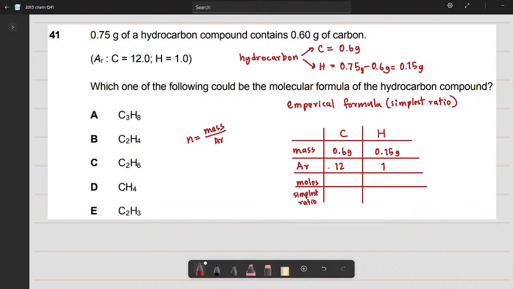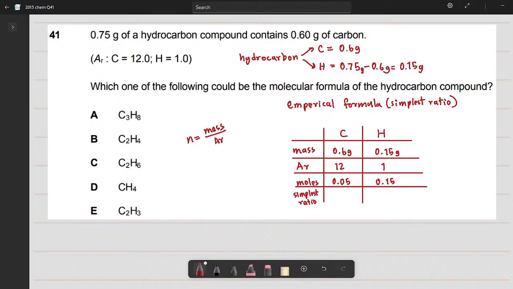So we'll divide 0.6 by 12. So this will give us 0.05 moles, and for the hydrogen it's simply going to be 0.15 moles. So we can now divide the numbers by the smallest number. So we know the smallest number is 0.05.